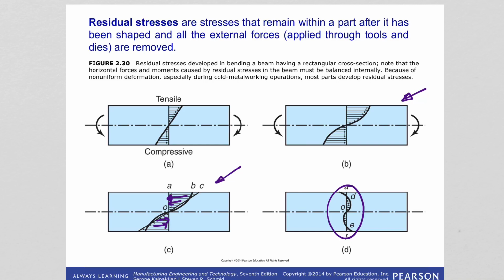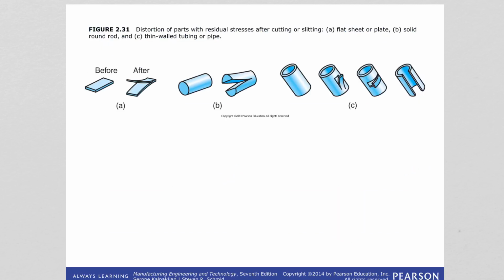So if we remove with machining, let's say we remove part of the material from the surface, this will disturb the equilibrium of these residual stresses, and therefore the bar has to acquire a new radius of curvature because of these internal forces, and such disturbances of the residual stress cause warping of parts. And these are shown in the next slide.